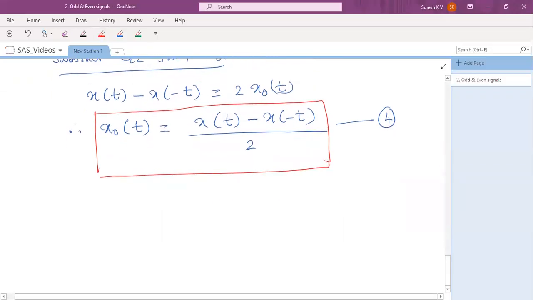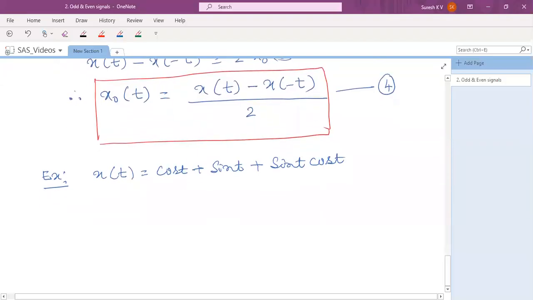So let us take a simple example to illustrate this. Say x of t is cos t plus sin t plus sin t cos t. So to find the even portion, what we need is x of minus t.